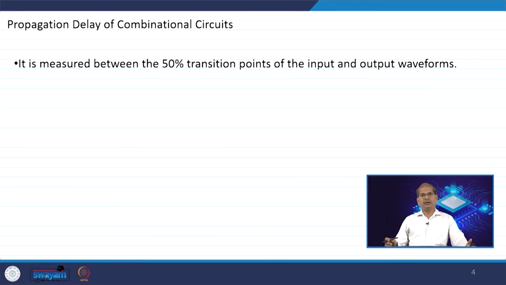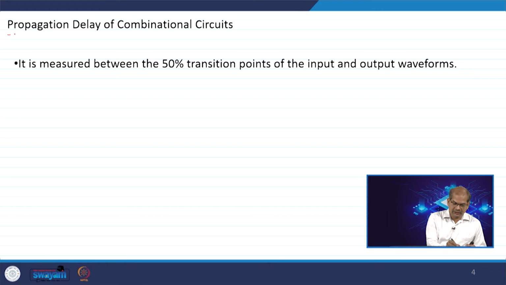Now, we know that if we pass a signal through a combinational circuit or a logic gate, it takes some time to appear at the output. How can we use that information to measure the delay and use it in timing analysis? We need to define some parameters here.